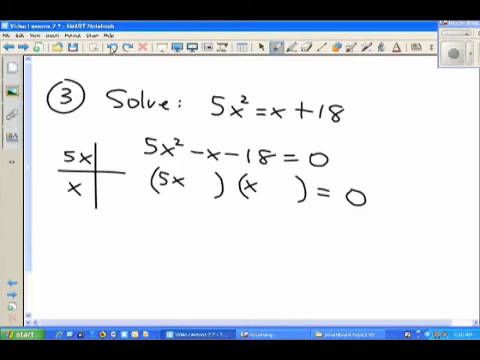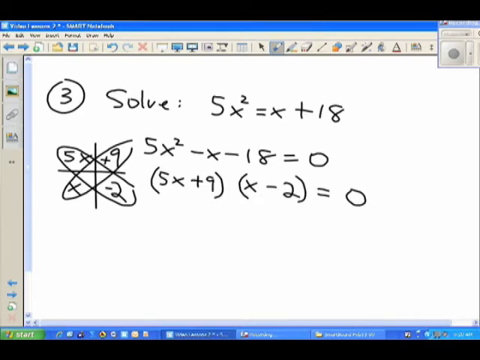Let's try 9 and 2. Cross product is 10, cross product is 9. 10 and 9 do add or subtract to negative 1. And we would need a negative involved, so that would mean that the negative 10 would have to have the negative, and the positive 9 would be up as such. So our factors would be 5x plus 9, x minus 2.